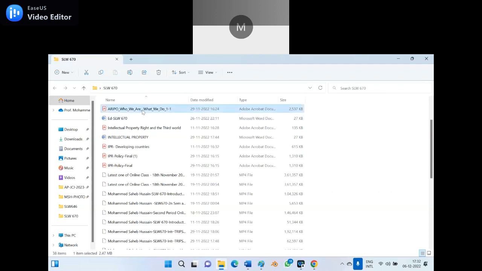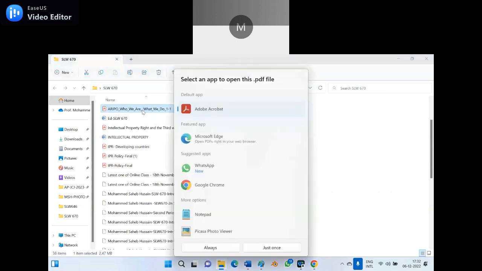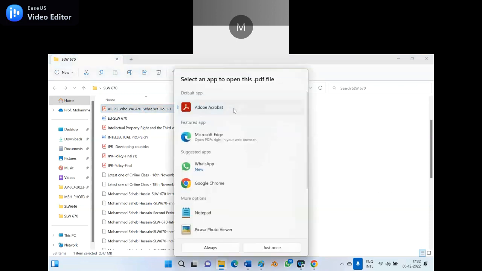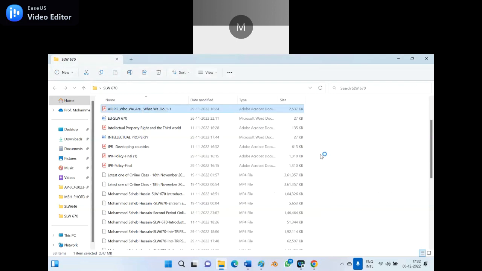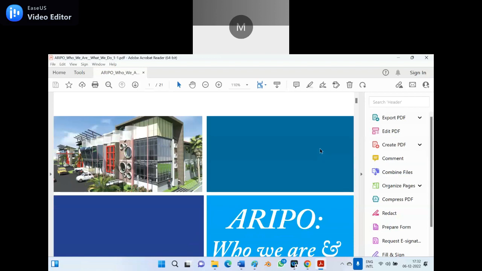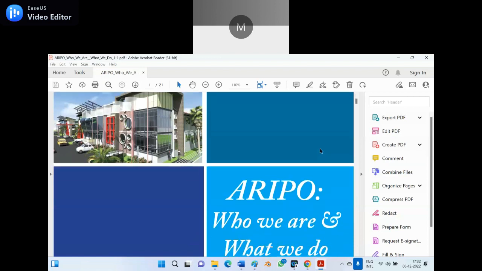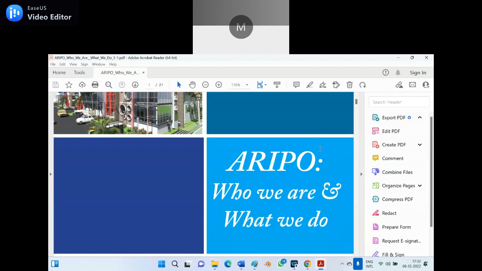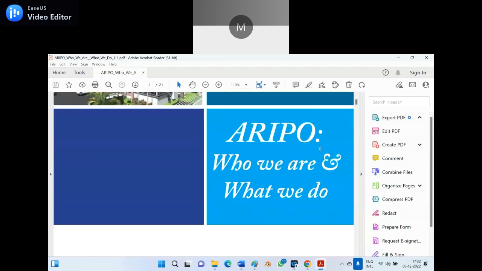So this is ARIPO, what we can see now. If time permits, we will cover this one. Let us see this ARIPO. Yes, it is opening now and it is buffering. Yes, it is buffered, and you can see ARIPO, who we are and what we do.